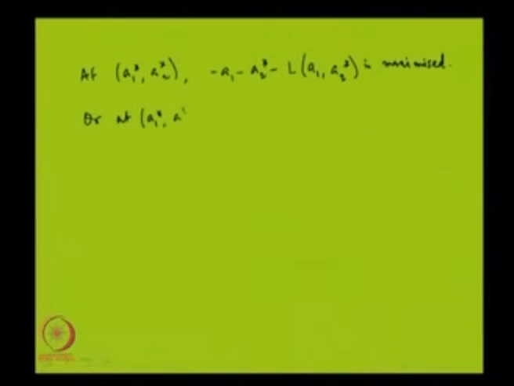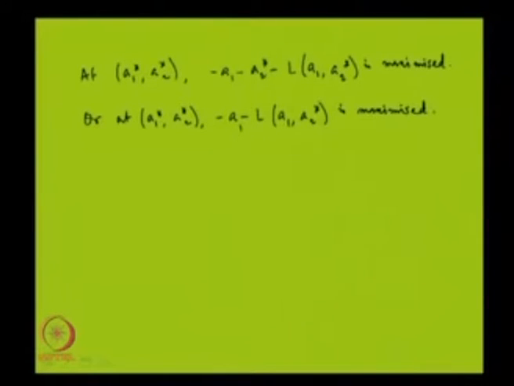Which means that, I am just putting A2 star is equal to A2, or this is maximized.